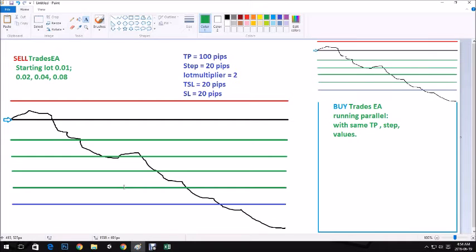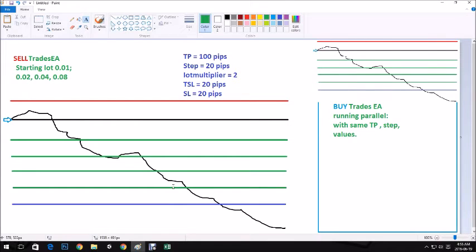Okay, so at this point of time when our first trade reaches our target, all the other trades will be in profit, and the trailing stop loss of all the other trades will be at this level.